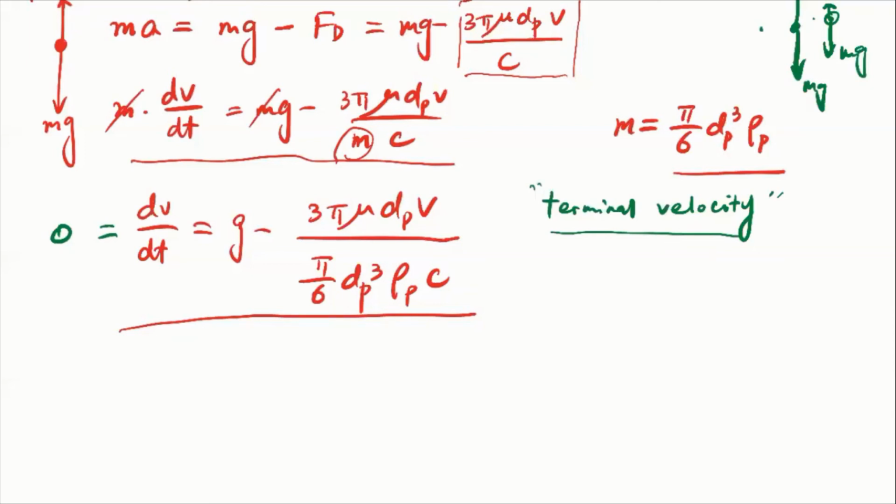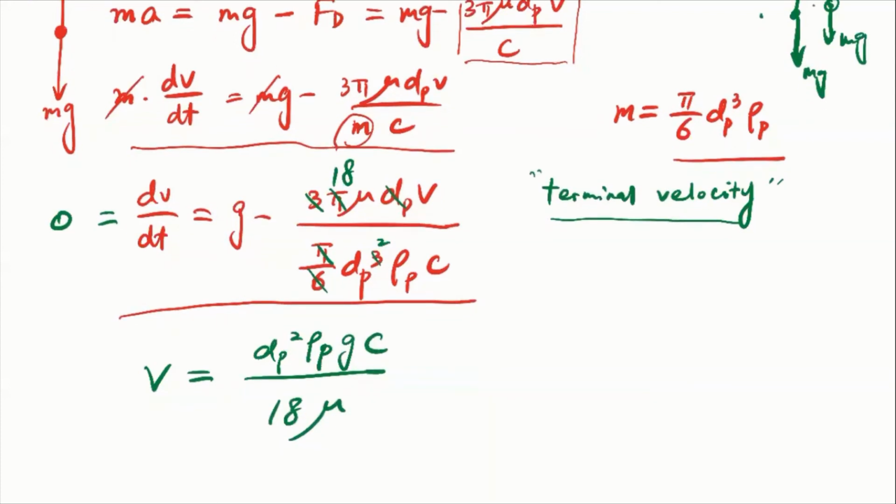If this term is equal to 0, first we cancel the pi here, and one of the dp gets canceled, and this thing becomes 18. So we can calculate that v is equal to dp squared rho p g C divided by 18 mu.